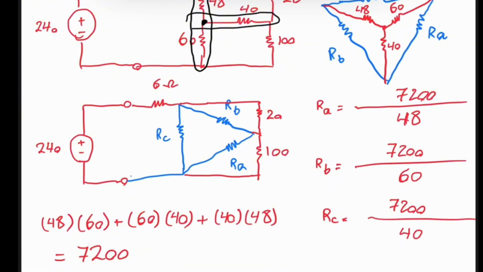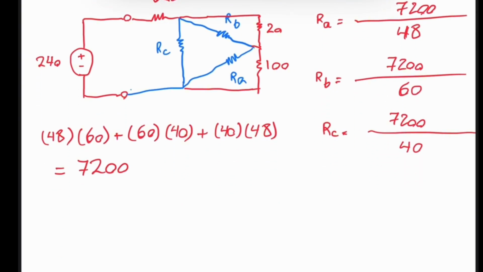Therefore, for RA, if I divide 7,200 by 48, I get 150 ohm. For RB, if I divide, I get 120 ohm.